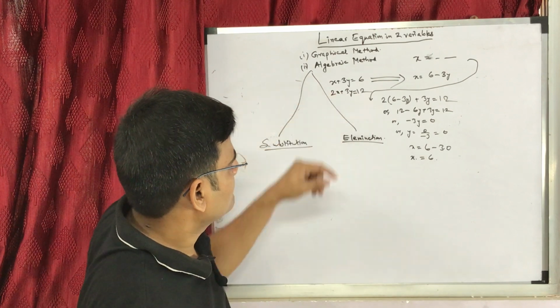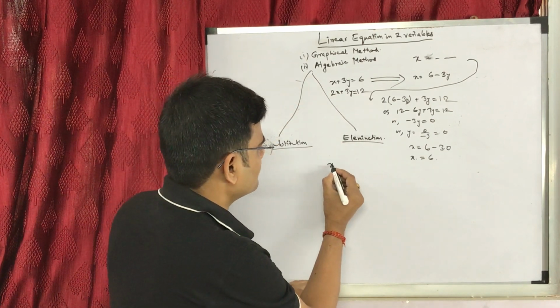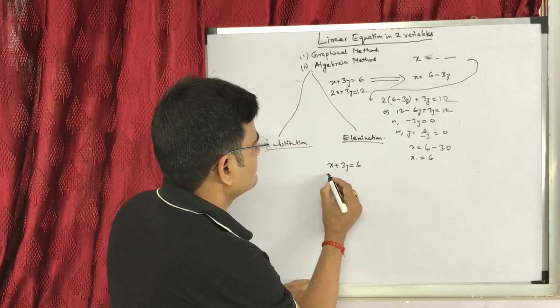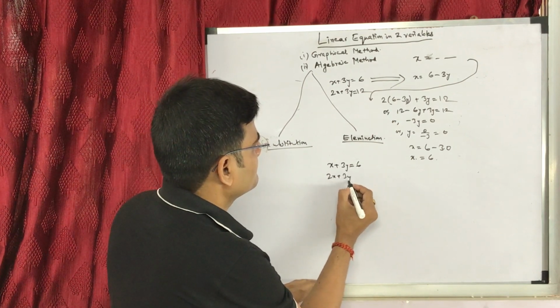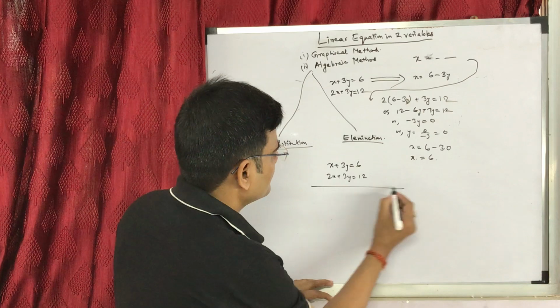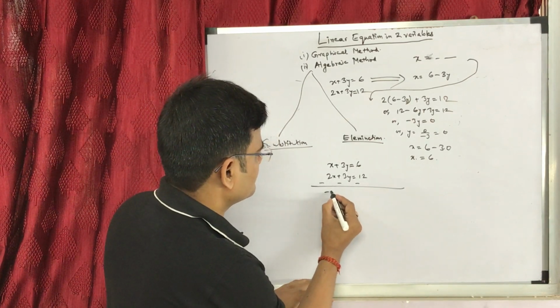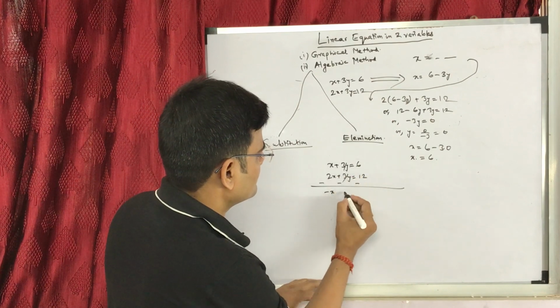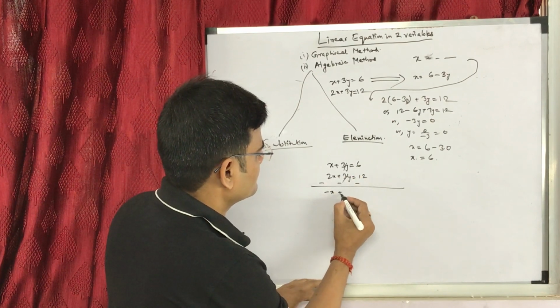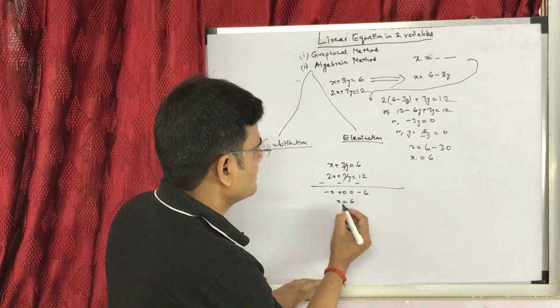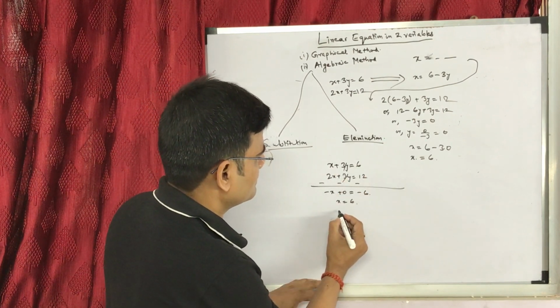So y is already equal, and then subtract them. x plus 3y equals 6, 2x plus 3y equals 12. Simply subtract them. So you get minus x, this gets cancelled, equals minus 6. So x equals 6, and then replace in the other equation.